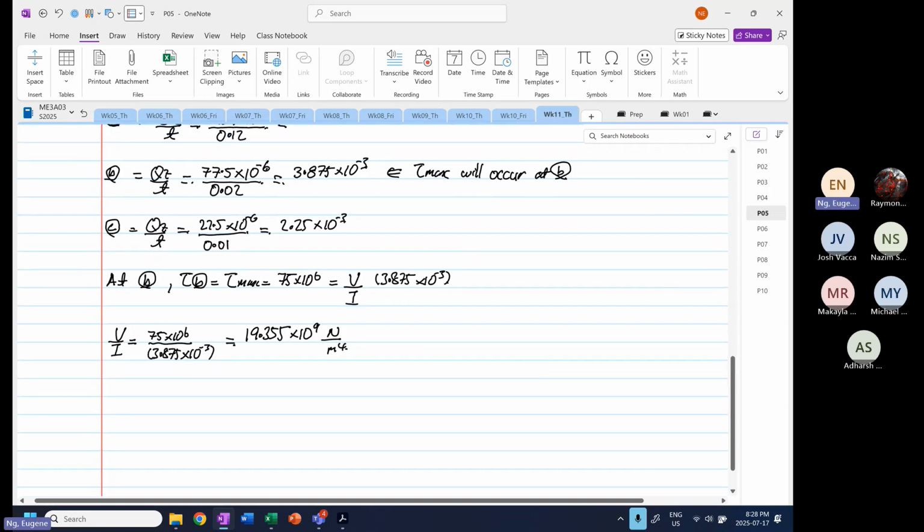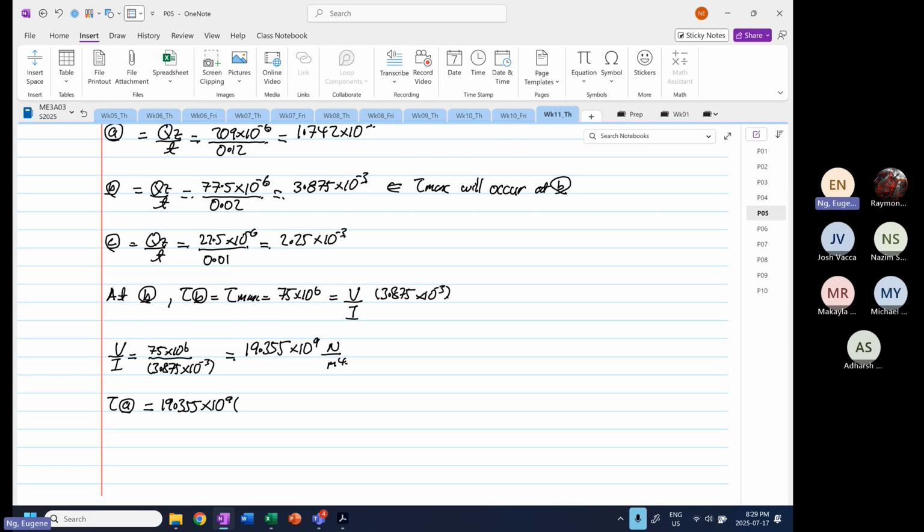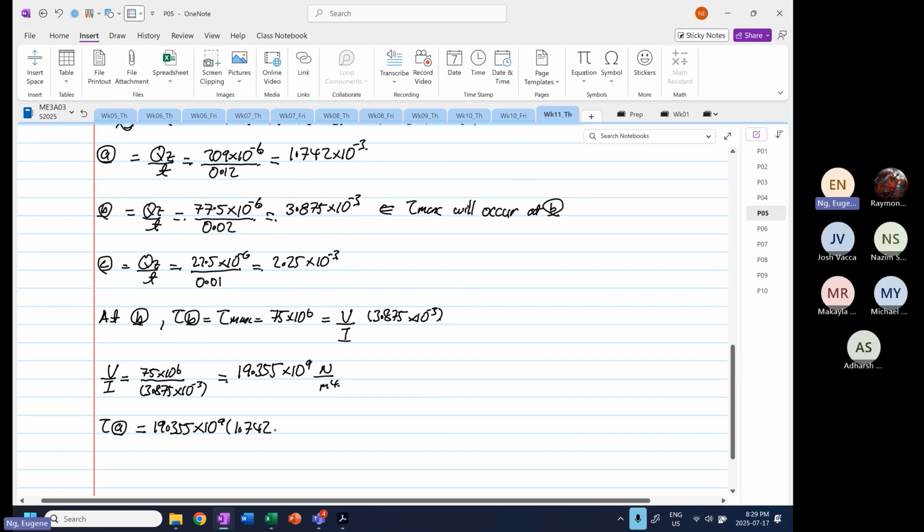Okay. So therefore, the shear stress at point A is equal to 19.355 times 10 to the power 9 multiplied by 1.742 times 10 to the power minus 3, which is equal to 33.716 times 10 to the power 6 Pascal.